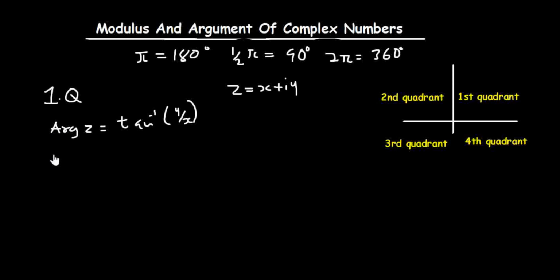For the second quadrant, we are converting it into radians.